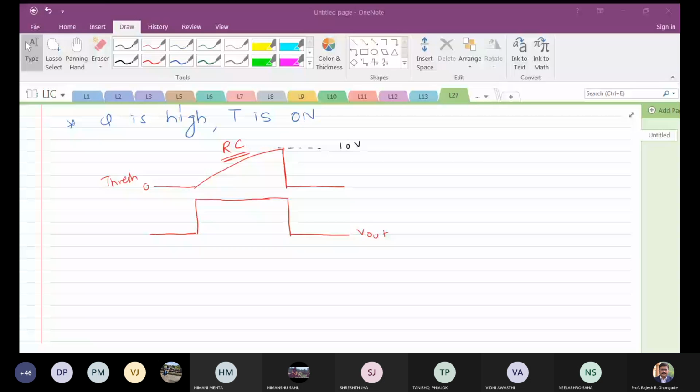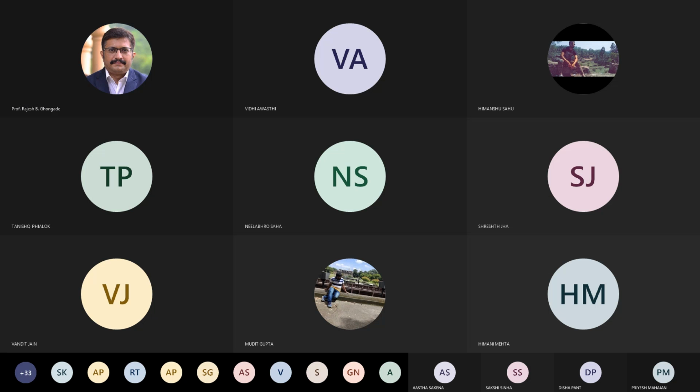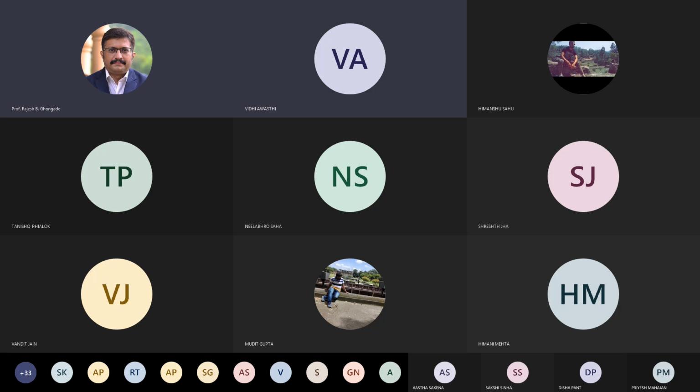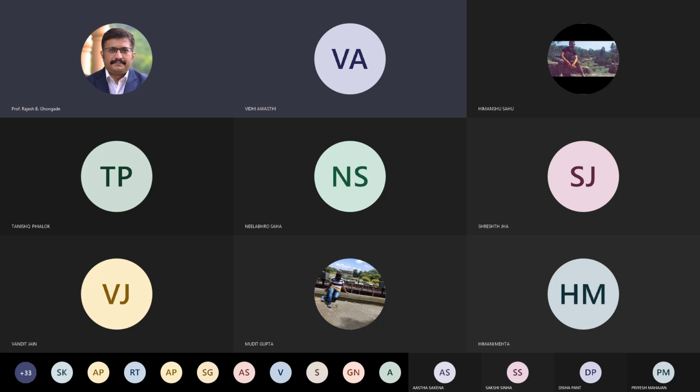Let me share the screen for Multisim again. Okay, is the Multisim screen visible? No, sir, not till now. Is it visible now?